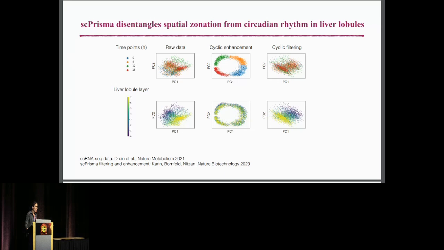And then we can also directly manipulate the spatial signal in this data, in this case corresponding to a linear trajectory. If we directly enhance the linear structure in the data, we can get back a representation that corresponds to the spatial zonation of the cells across the liver lobule.